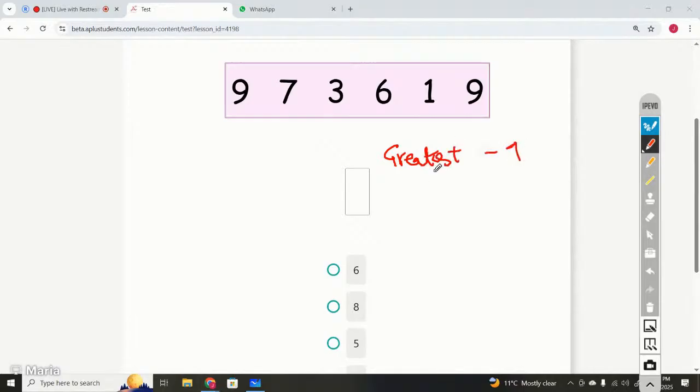The smallest number is 1, right? We need to find the range, the difference between the greatest and the smallest number. That is 9 minus 1, which is 8. So the range of the data is 8.